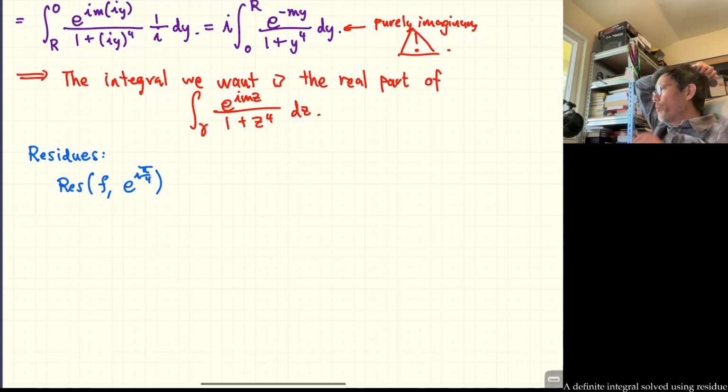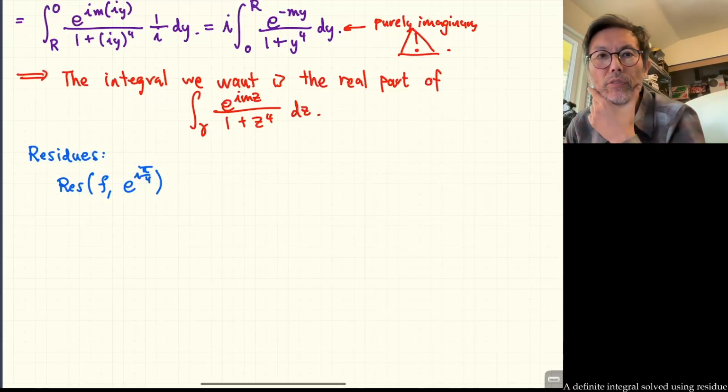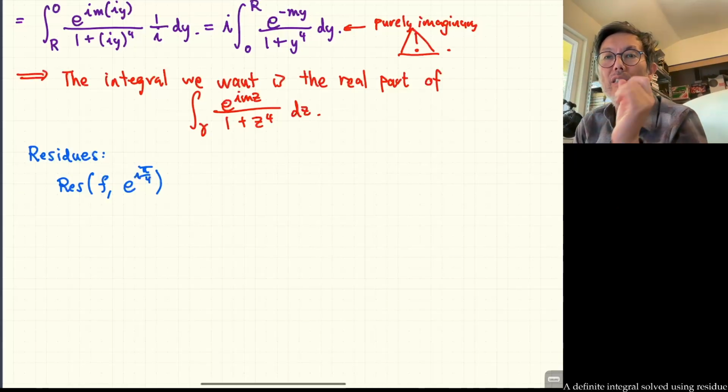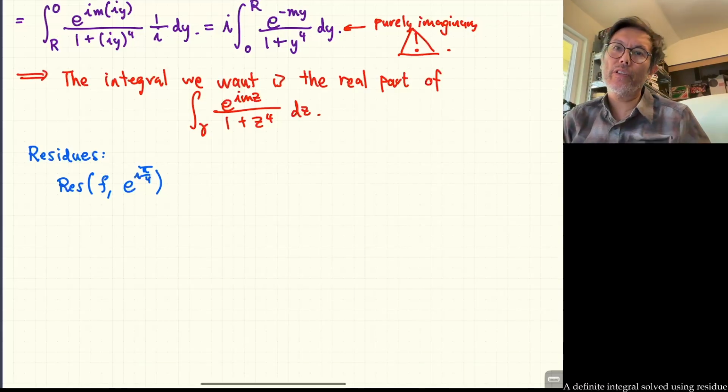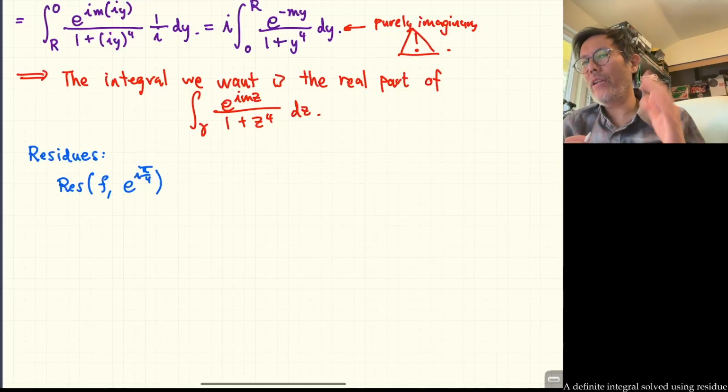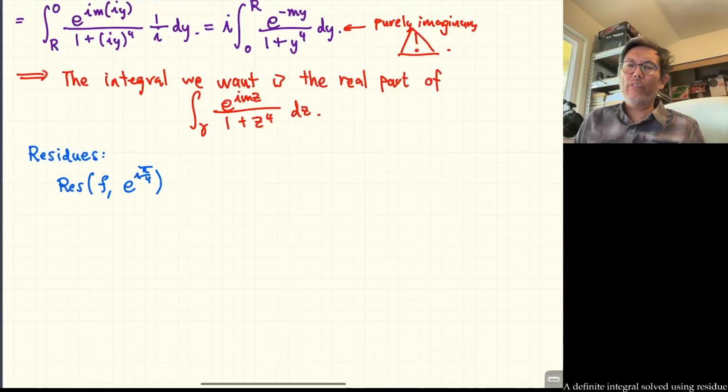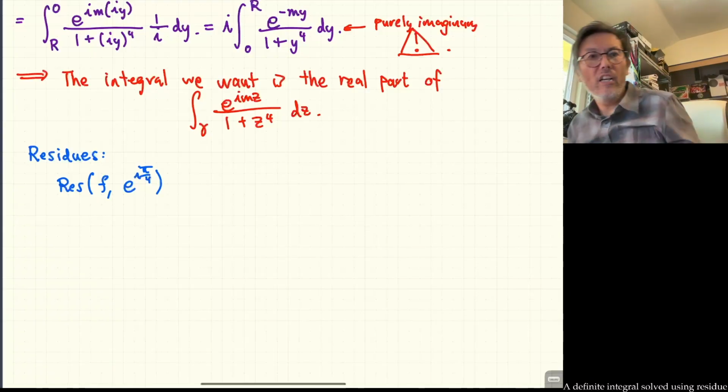And the reason is because e to the i pi over 4 is a simple 0, a 0 of order 1, of the denominator 1 plus z to the fourth. Don't believe me? Take the derivative of 1 plus z to the fourth. That's 4z cubed, and that only has one 0, and that's at 0. In particular, e to the i pi over 4 is not a 0. Okay? So it's a simple pole.